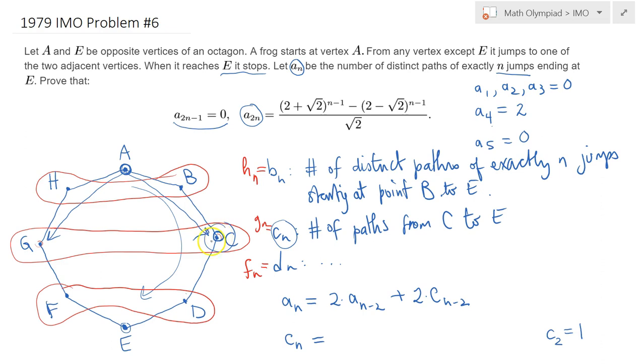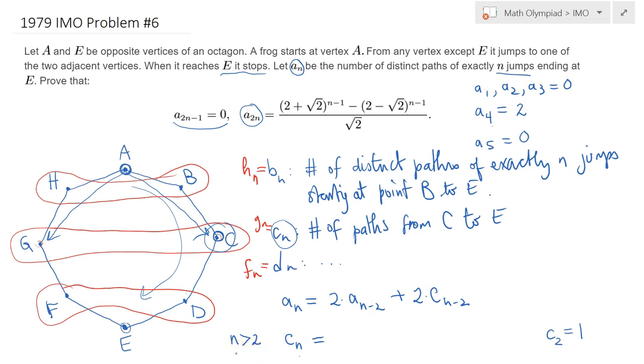So let's start the recursion at C sub n. The trick here is to consider all the distinct paths starting from point C to point E in n steps, but with the condition that n is strictly greater than 2.